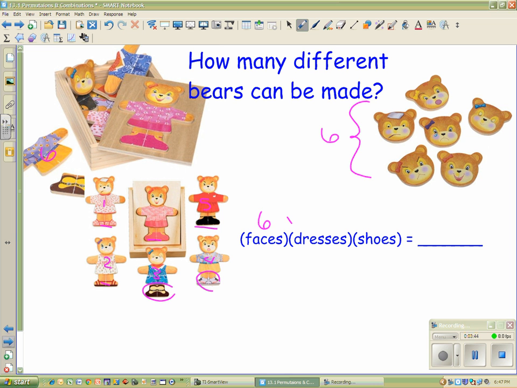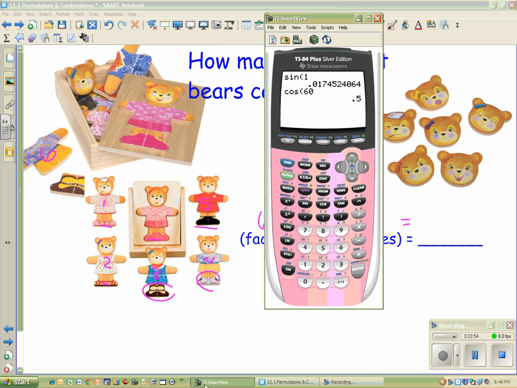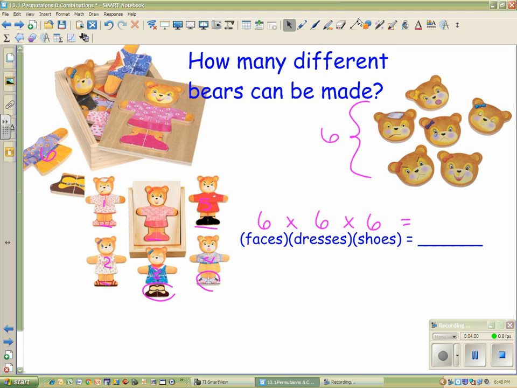So it was 6 times 6 times 6, and that would give you a lot of possibilities. I should have done that out beforehand, but I didn't. So 6 raised to the 3rd, 216 different bear faces, outfits, and shoes that could be made. Keep a kid busy, wouldn't it?